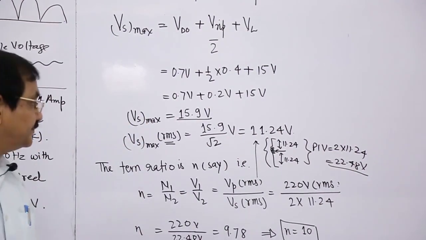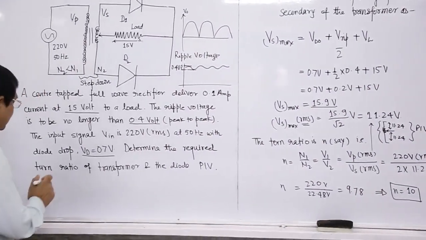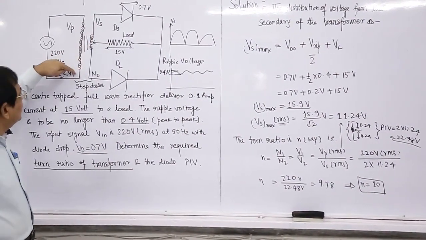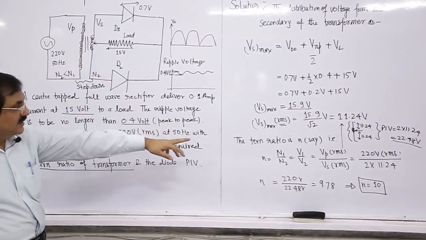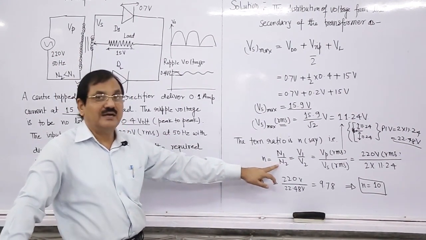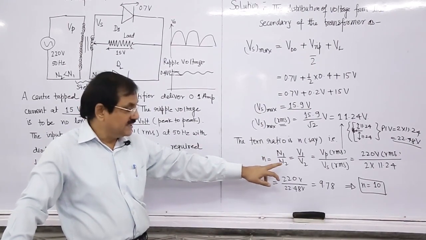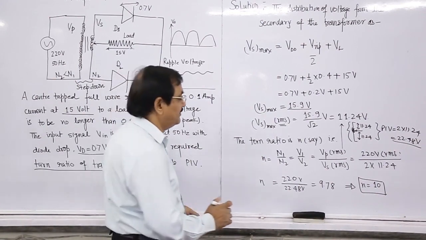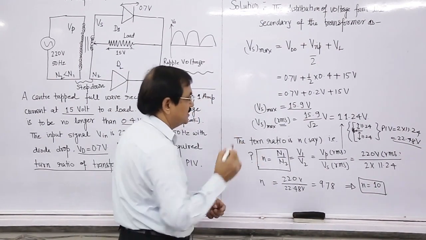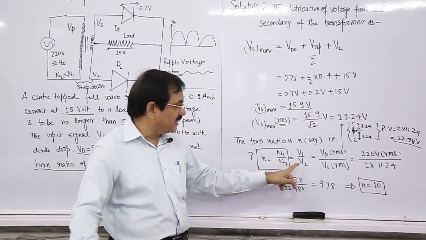So for the turn ratio of the transformer, the turn ratio is defined as N equal to N1 upon N2, the number of turns in the primary upon the number of turns in the secondary. This is the turn ratio that we have to find. So what is the turn ratio? This turn ratio is nothing but V1 upon V2.